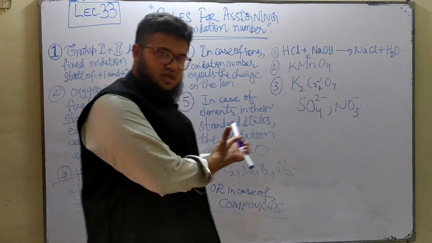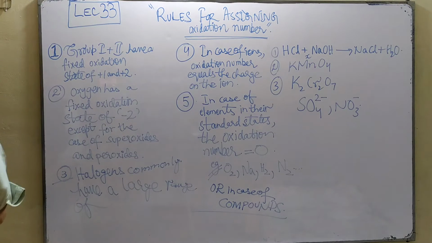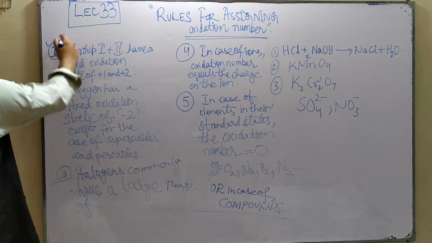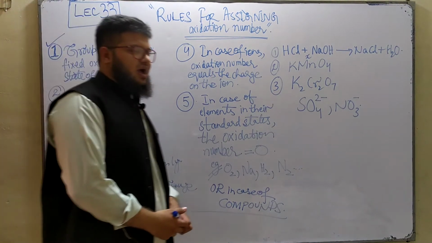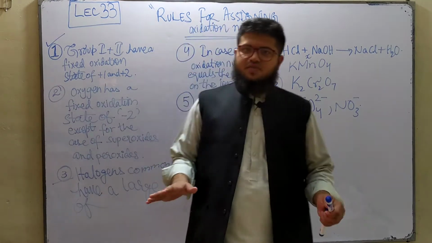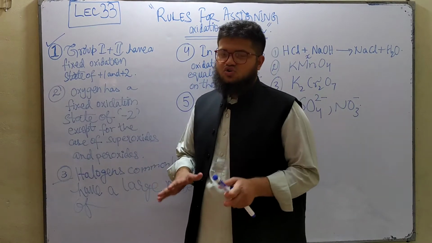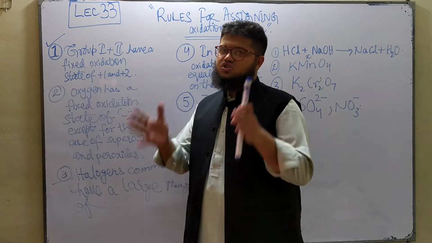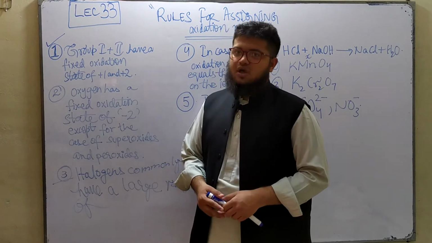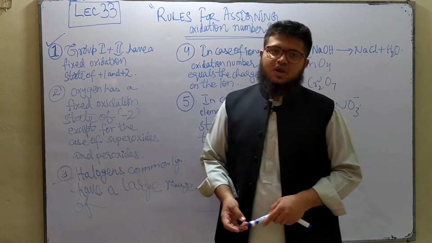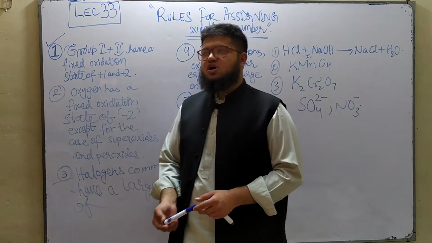So let's get started. First of all, the first rule that you must remember is that group 1 and group 2 elements in our syllabus all have oxidation states equal to their charges. For instance, sodium, when it loses one electron, gains a charge of +1.